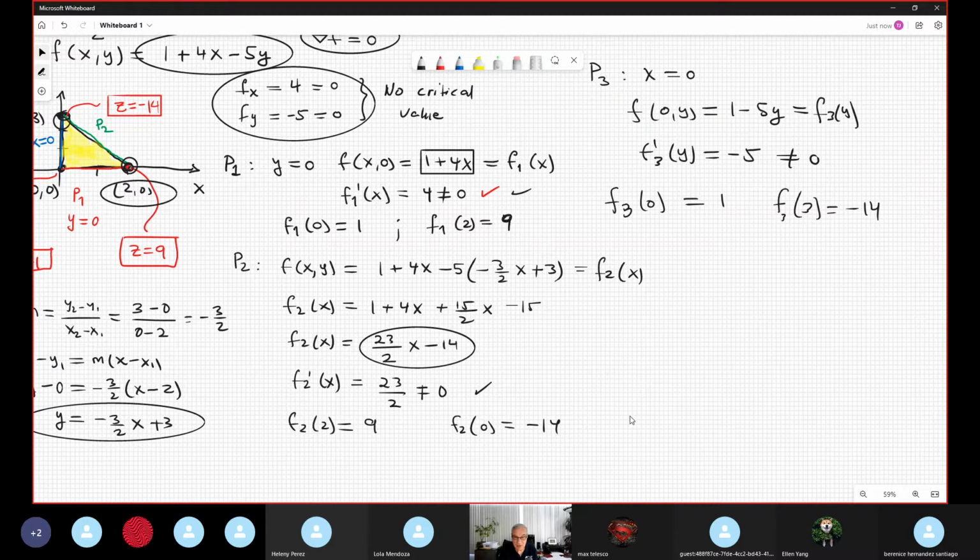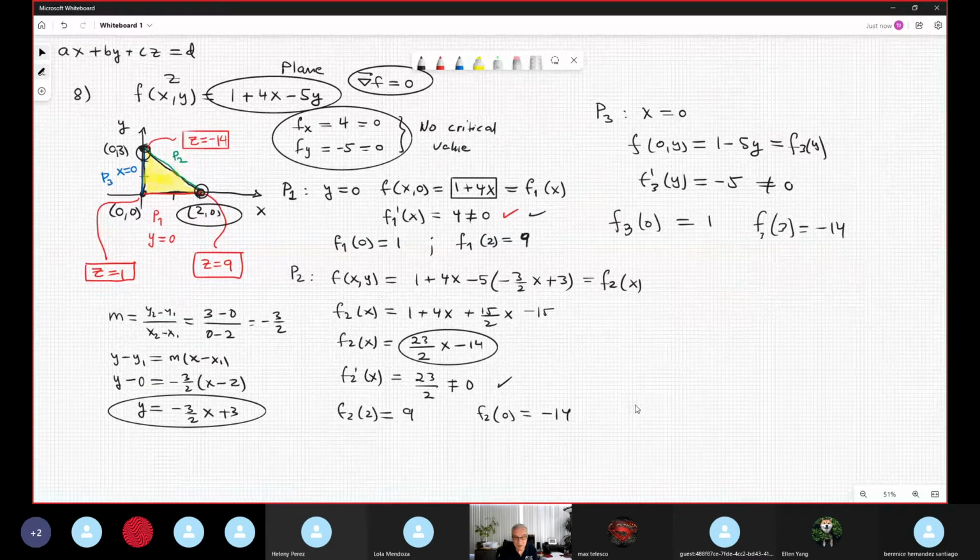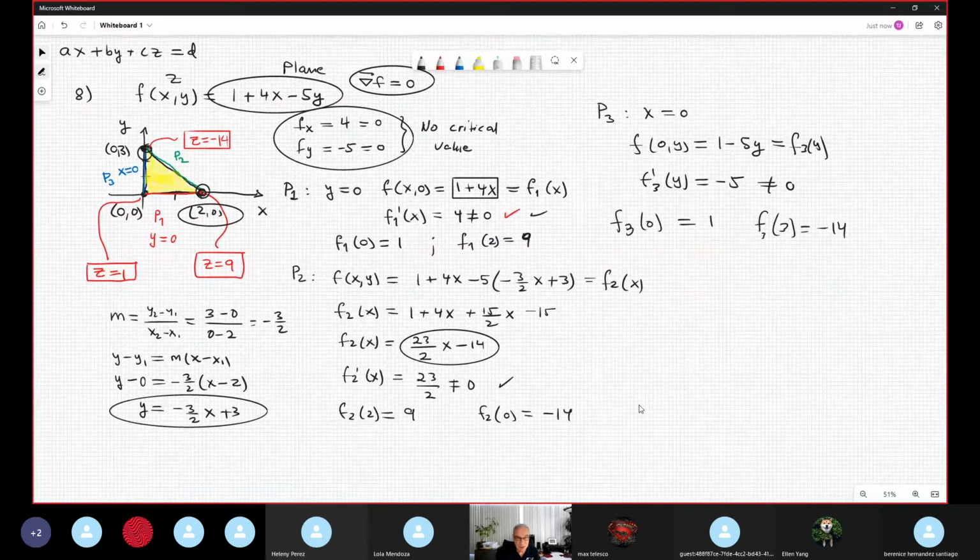So not necessarily make a list in this case. In the test, yes, you need to make a list because you discover in the middle something when you find the first derivative. And so one of my list is F(0,0) is 1, F(2,0), the list. Important to see the list, guys.